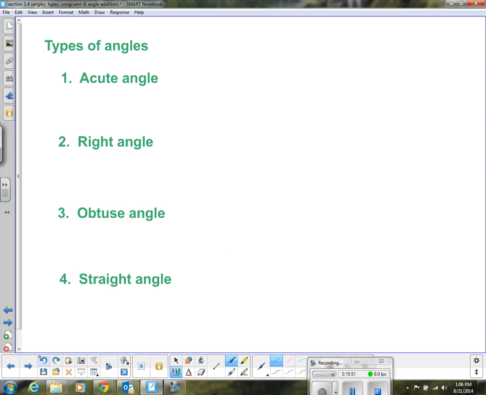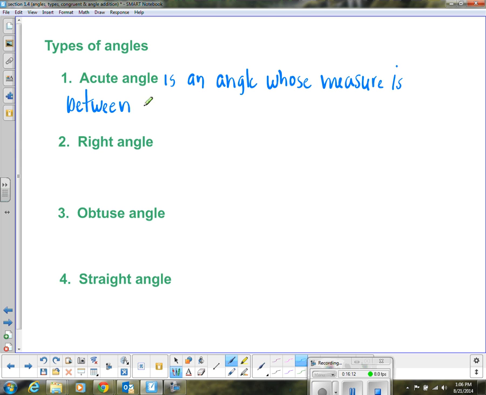All right, so now we've got 4 types of angles. An acute angle is an angle whose measure is between, not equal to, between 0 degrees and 90 degrees.